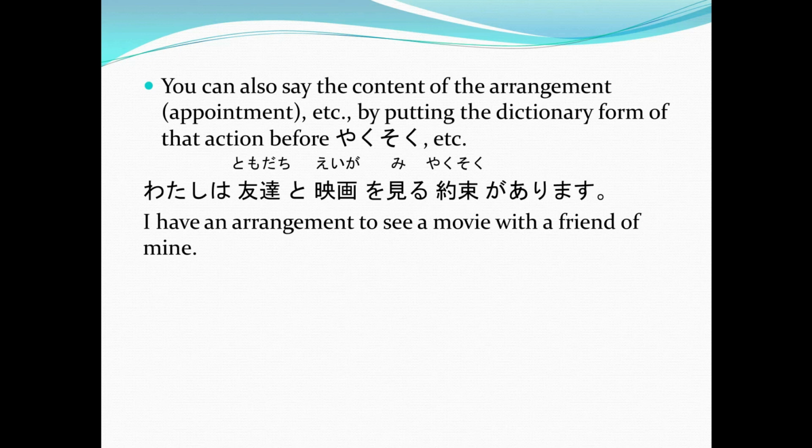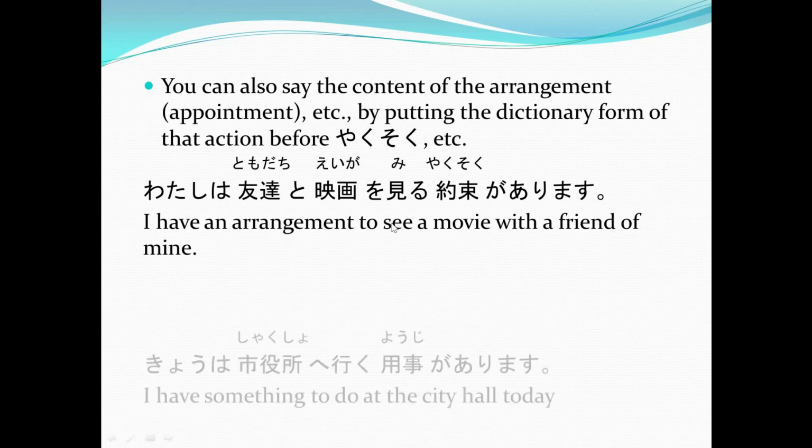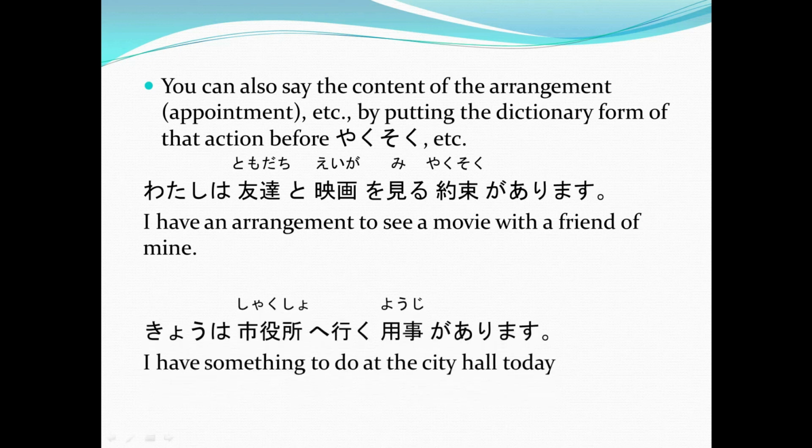So the 映画を見る約束 is the arrangement to see a movie. And then another example is 今日は市役所へ行く用事があります.